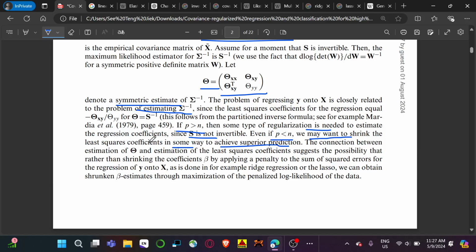And the connection between estimation of theta and estimation of least squares coefficients suggests the possibility of, rather than shrinking the coefficients beta by applying a penalty to the sum of squared errors, obtaining a shrunken beta estimate through maximization of a penalized likelihood of the data.